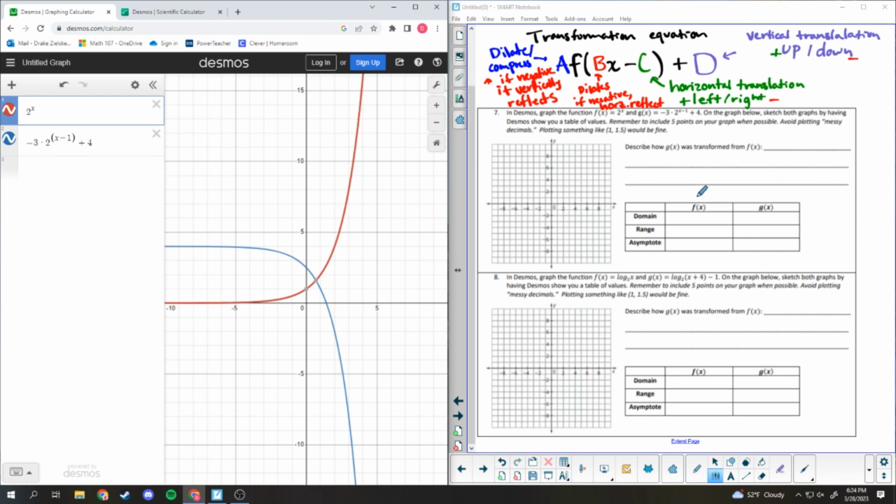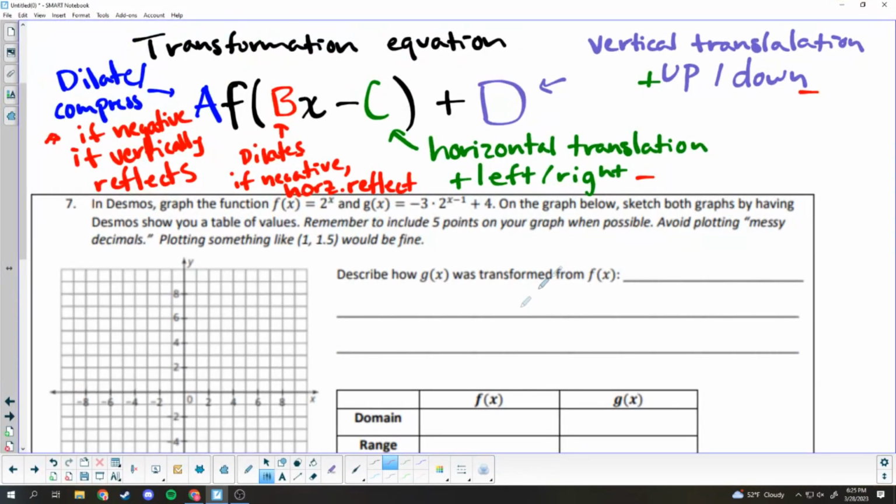I'll do my red graph as original. So we started at -1, 0.5, 0, 1, and then 2, 4, and then 4, 16.